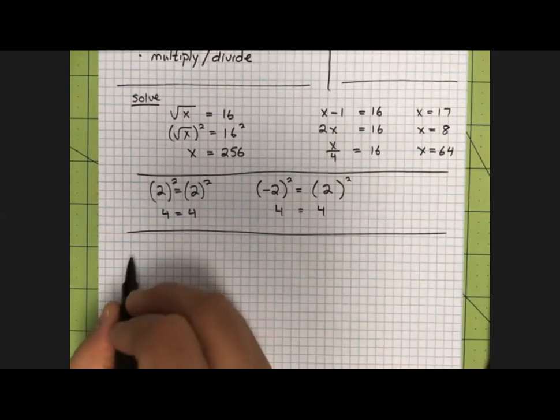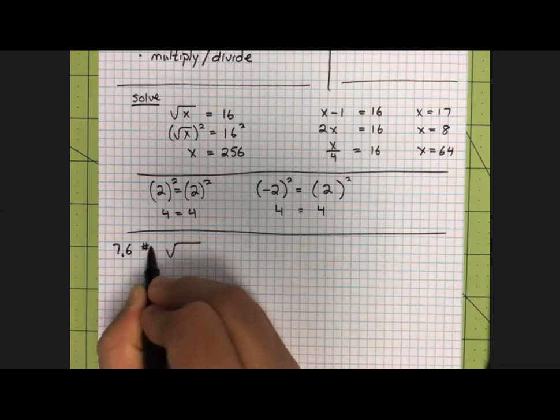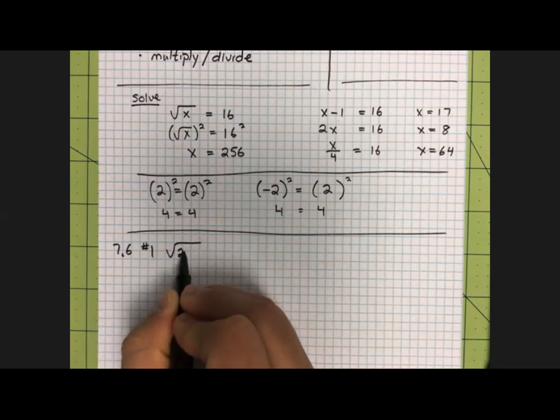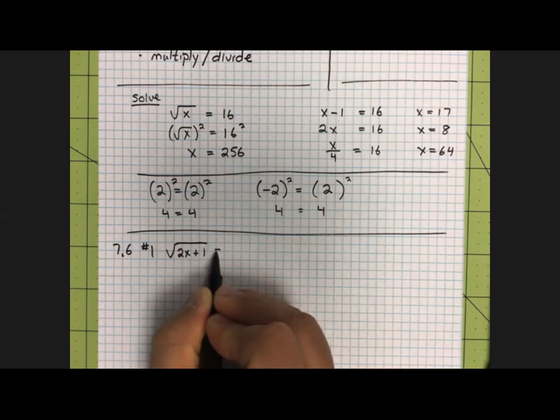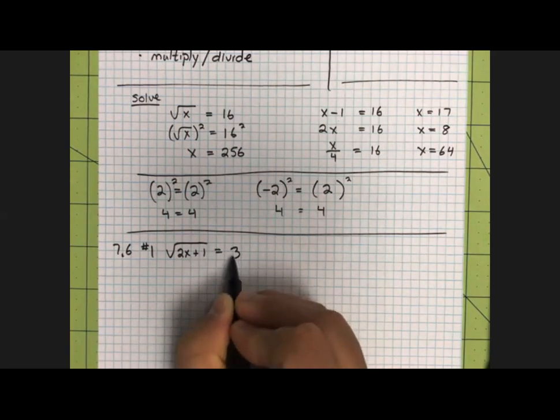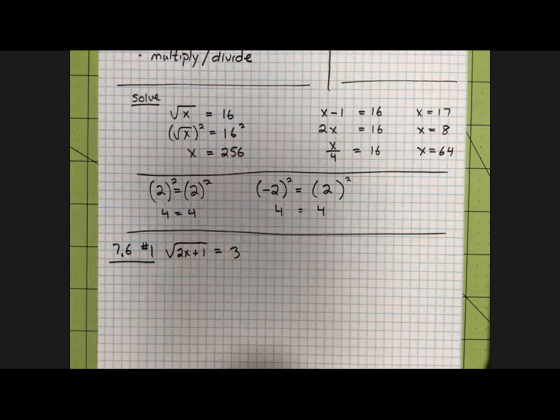So I'm going to look at problem 1 just to go through this straight ahead. The square root of 2x plus 1 equals 3. Now, I'm going to approach it like I did the problem with the 16 above.